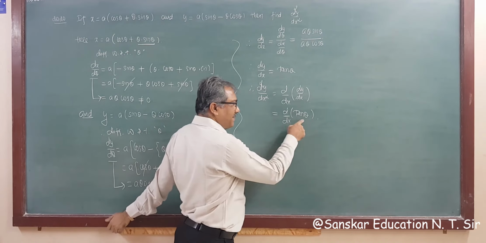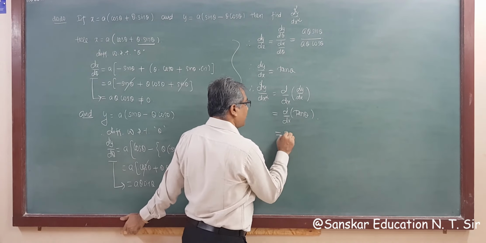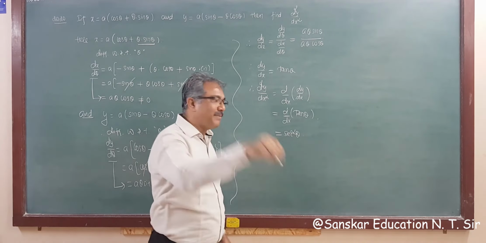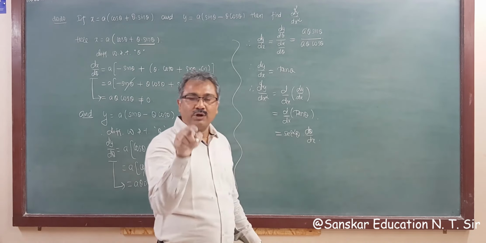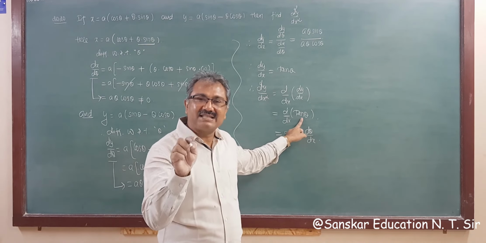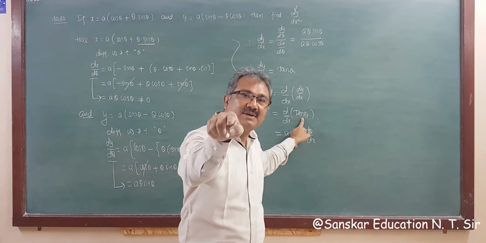Right? So derivative of tan theta is sec square theta, and we have to multiply by d theta by dx. Then you know, if this is a function of y, then we are differentiating this function, that is tan y. Derivative of tan y is sec square y into dy by dx.